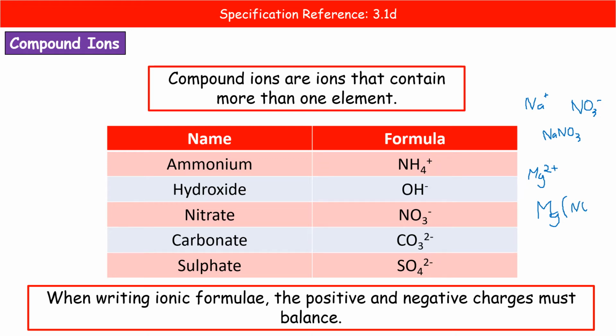So what we do is we put our NO3, our nitrate, in brackets, and then, because we need 2 of them, put a little 2 in the bottom right. That means we've got 2 negative charges because we've got 2 nitrate ions, 2 positive charges from magnesium. That's our final formula. Just make sure those charges balance out.